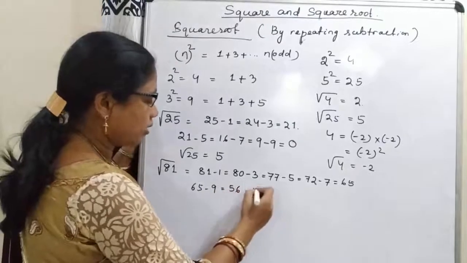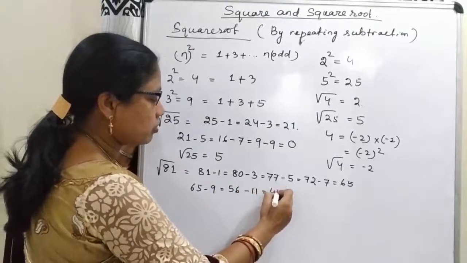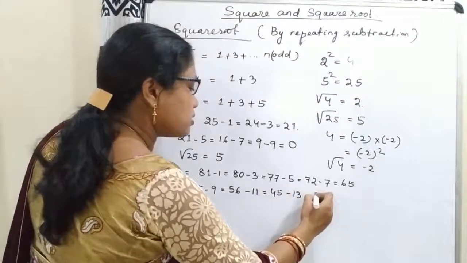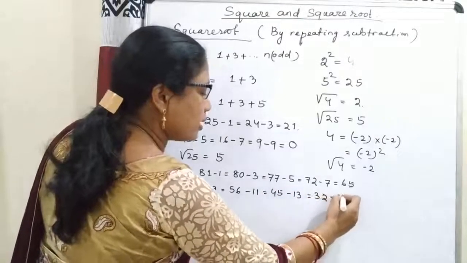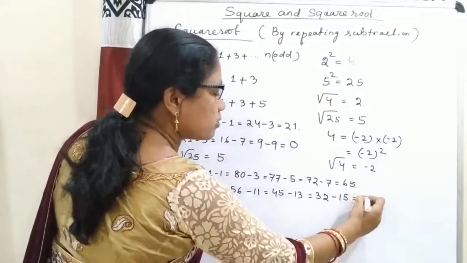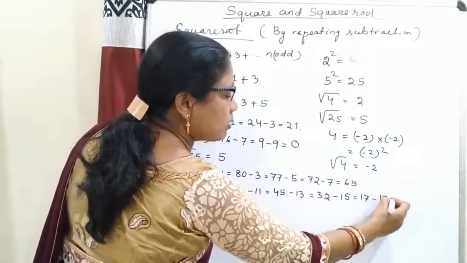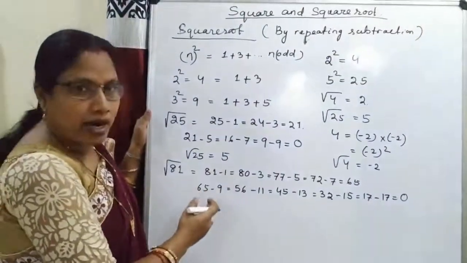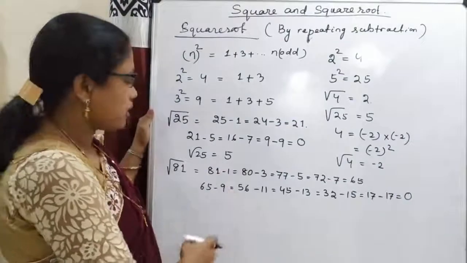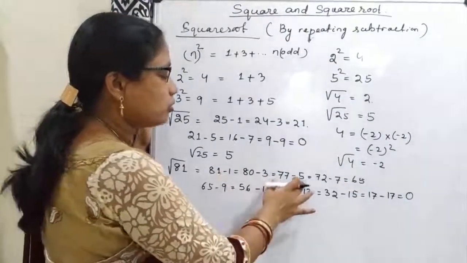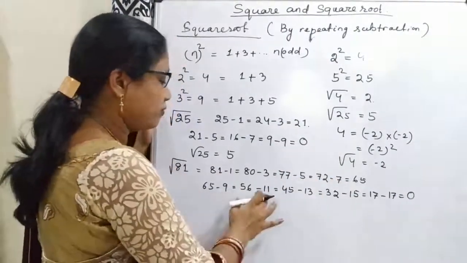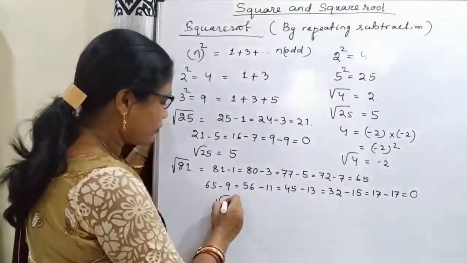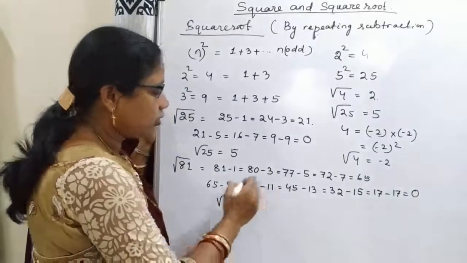Minus 11 is equal to 45. Then minus 13 is equal to 32. Minus 15 is equal to 17. Then minus 17 is equal to 0. Next we count how many odd numbers we have subtracted: 1, 2, 3, 4, 5, 6, 7, 8 and 9. So the square root of 81 is equal to 9.